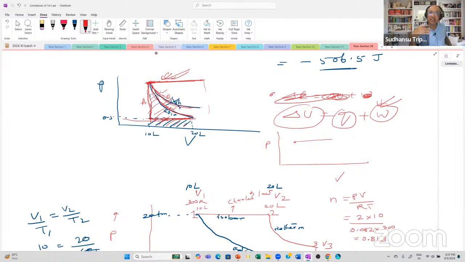In that case, the amount of work done during adiabatic irreversible compression, I am talking of compression, will be more than the adiabatic reversible compression, because it will go in the same direction, infinitesimally slowly.